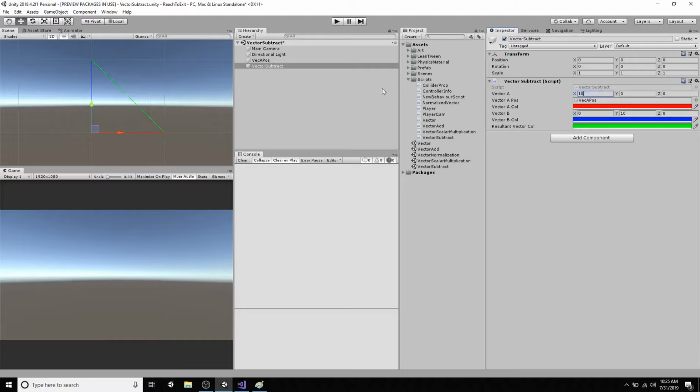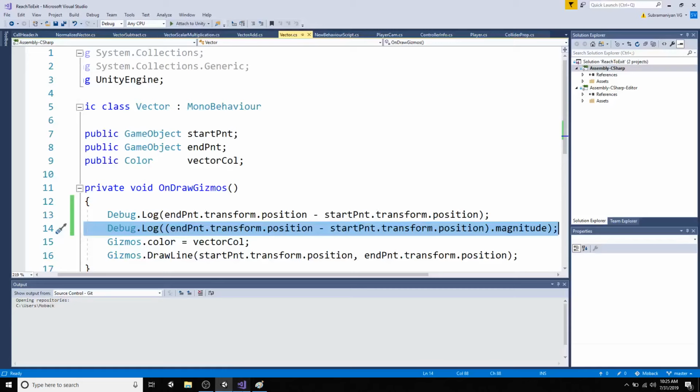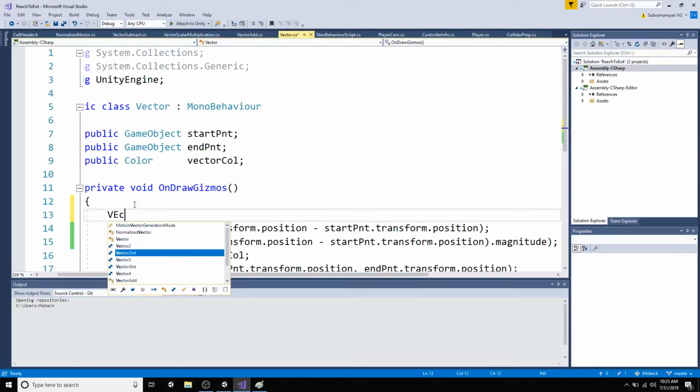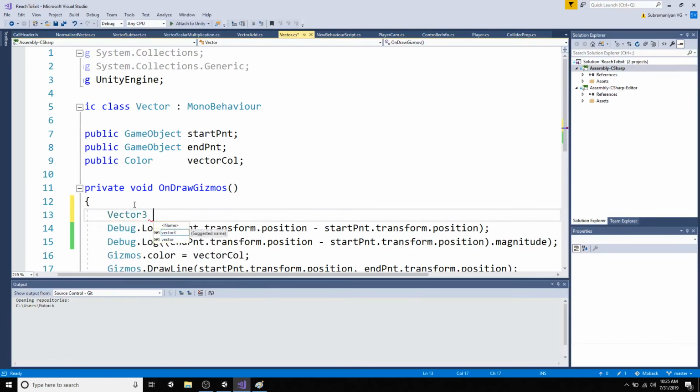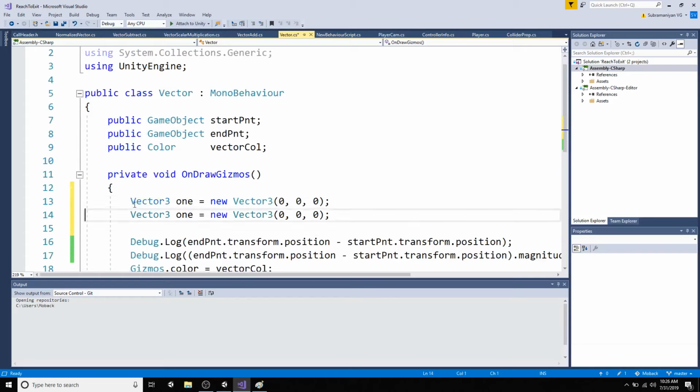Okay, so that's it. And for vector addition and subtraction, Unity gives some predefined formulas. So if you want to add vectors, you can say new Vector3 of 0, 0, 0, and the second vector is new Vector3 of 10, 0, 0.